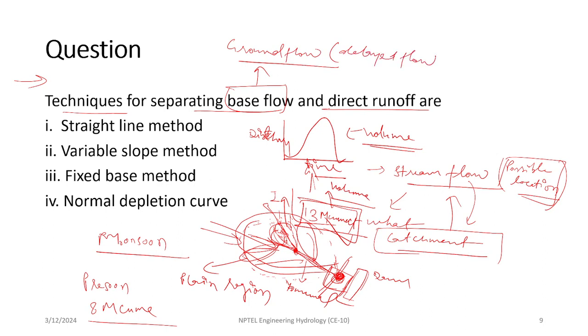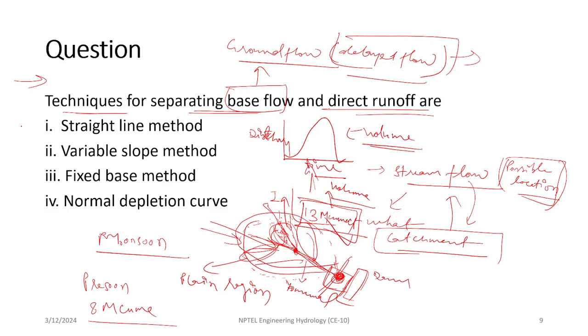Because it is a delayed flow, while plotting the total runoff hydrograph, we deduct the base flow in order to get the surface runoff hydrograph. So here it is asking for the technique by which we can separate the base flow from direct runoff.